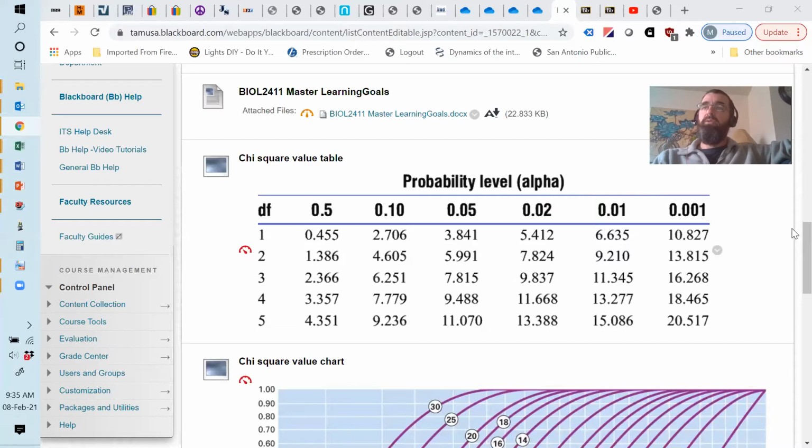Then when you come to your exam and you have questions that tell you to do a dihybrid cross, and a chi-square based on those data, things like that, this will be a very straightforward question for you to answer. And the good thing about these kinds of questions is that if you can do a chi-square test and you know what a dihybrid cross is, you can't really get it wrong.